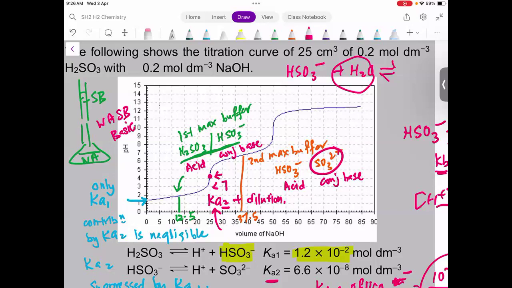So what is this? This is an alkaline pH because you end up with this as the salt, and this can only be a base. Sulfide here can only be a base. It's a basic salt.